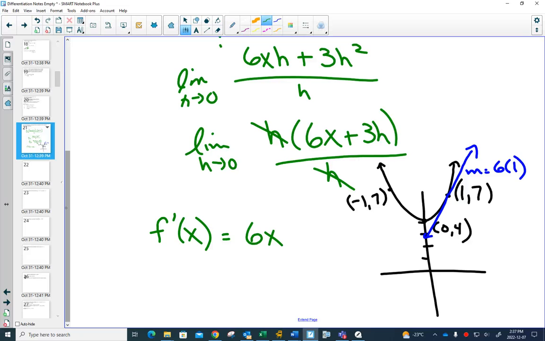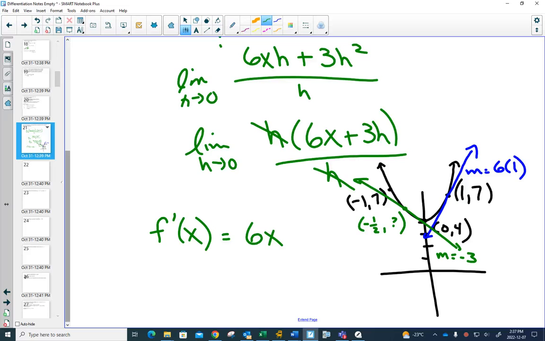I could plug in -1/2 and get something as a y-coordinate. And I could find the slope of this line to be -3, because I could plug in -1/2 for x into my derivative, and it will tell me the slope of that line is -3.